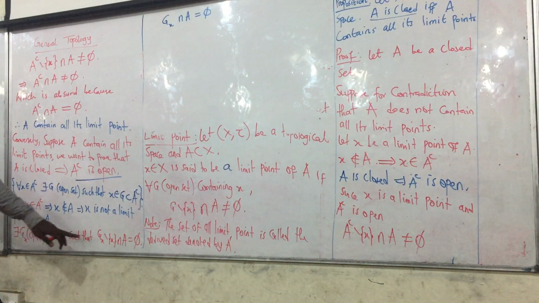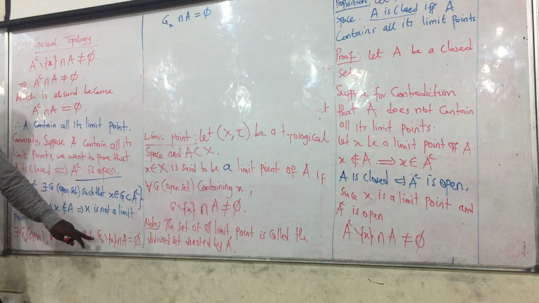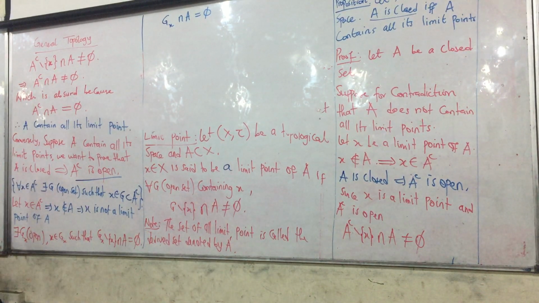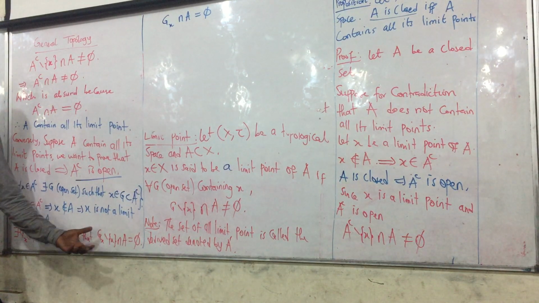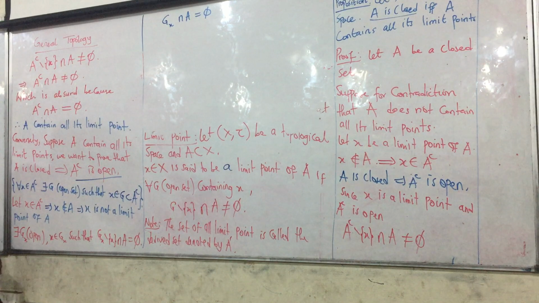See, you remove X from here and it's empty. Even if you add S to it, it will still be empty, because S is in this one actually, but you are removing it. But S is not in A. Do you get that?